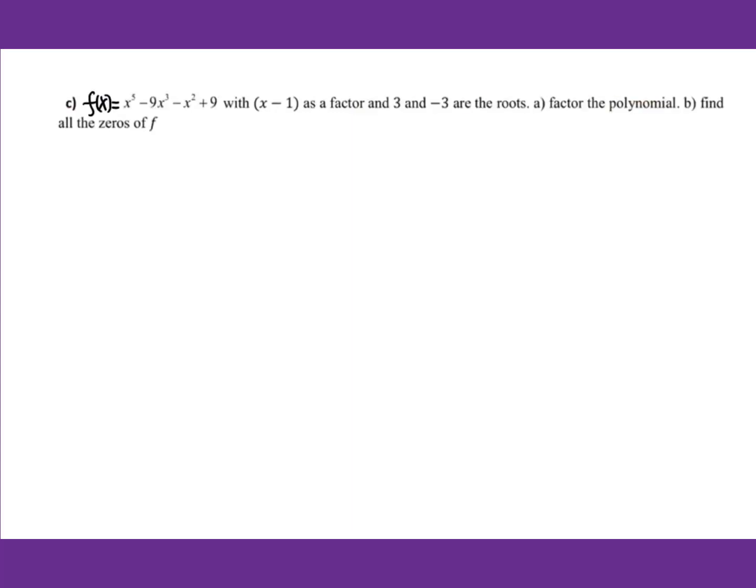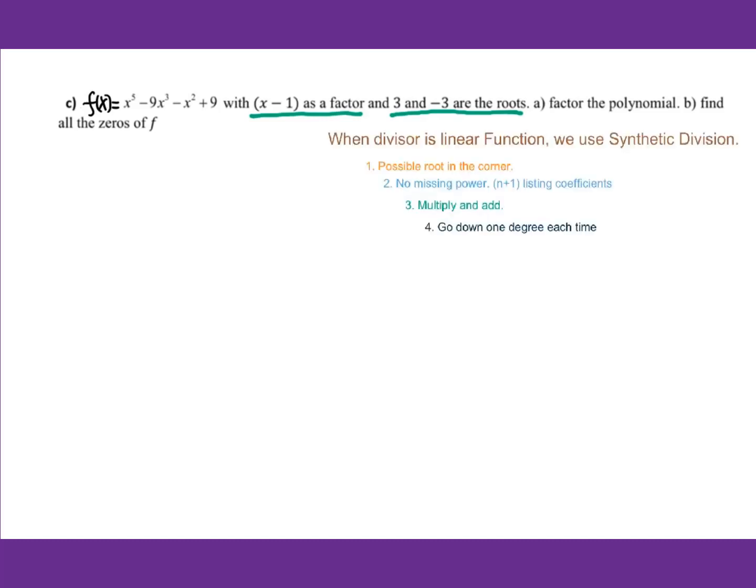Now let's go to C. f of x equals x to the 5th power minus 9x cubed minus x squared plus 9. We know x minus 1 is a factor and 3 and -3 are roots. Factor the polynomial completely and find all the zeros. First, we do synthetic division for this polynomial.